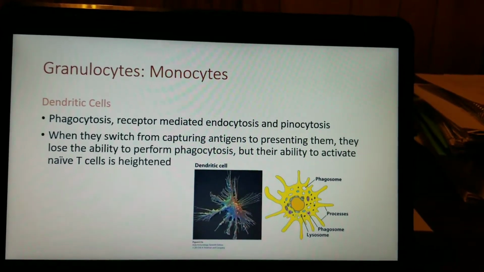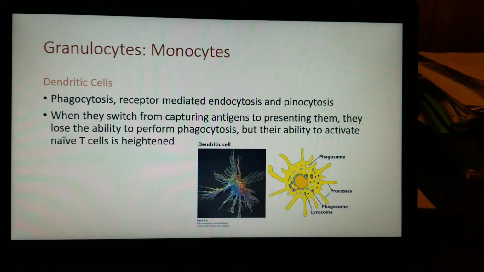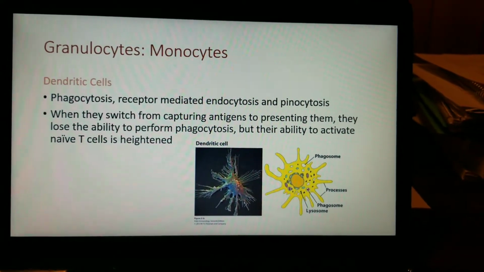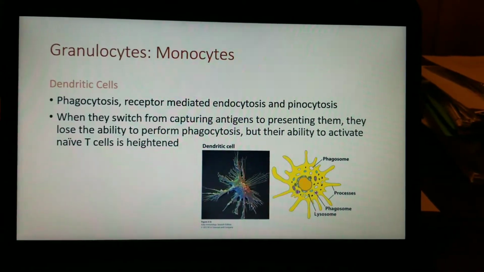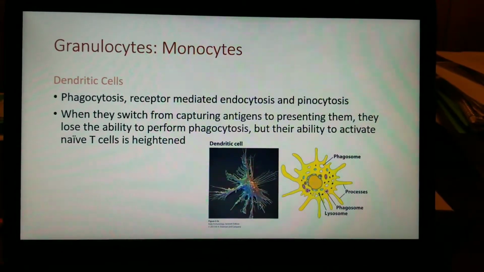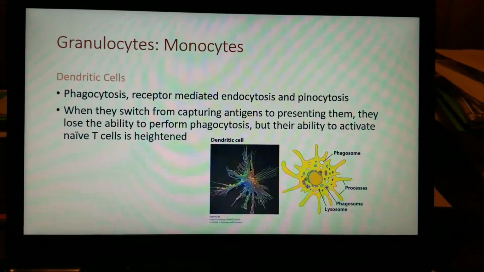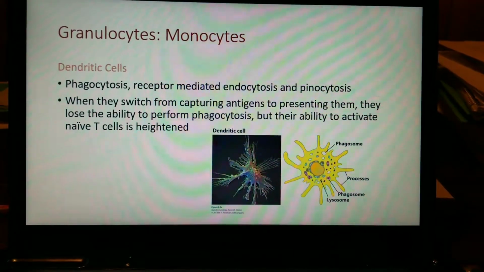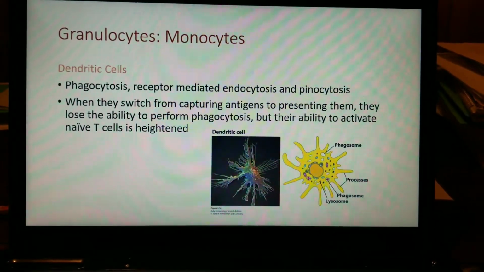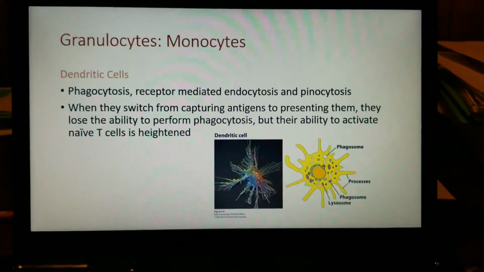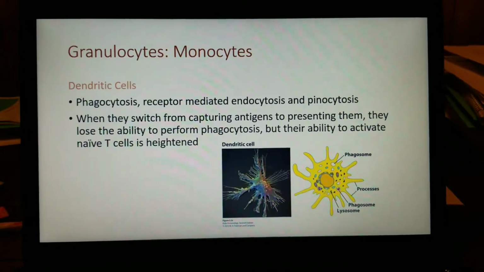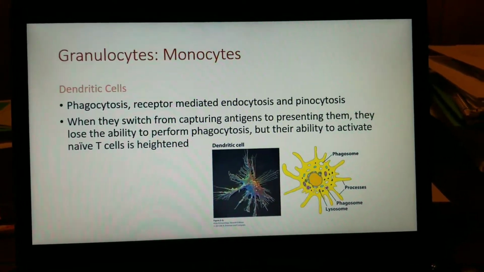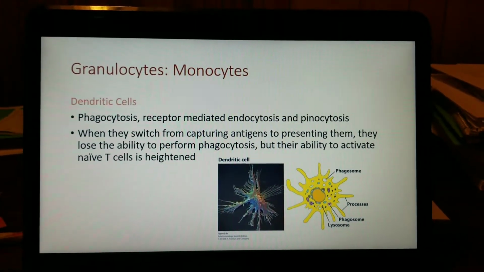So they just pick up antigens any way that they possibly can and then take them to the lymph nodes. When they switch from being able to capture the antigens to the point where they present them, they lose the ability to perform phagocytosis, but their ability to activate T cells is heightened. Because once they pick up the antigen, they don't have to pick up any more. They just need to get the T cells there as fast as possible.